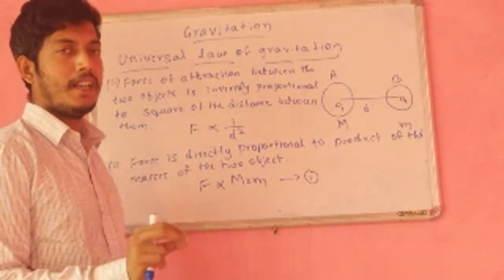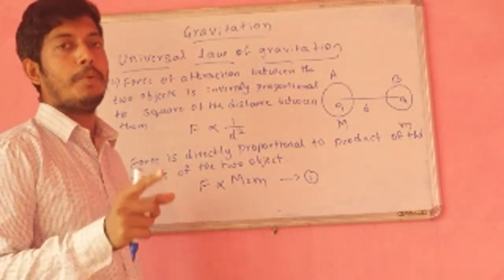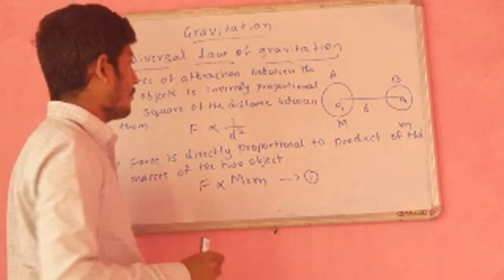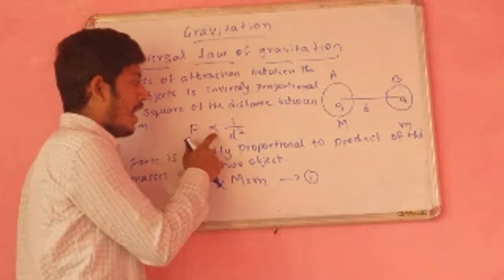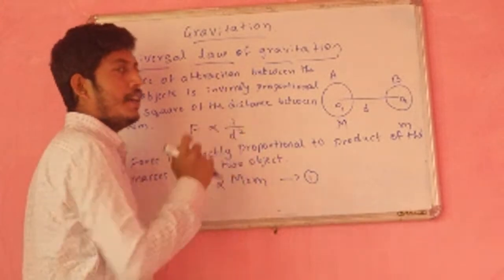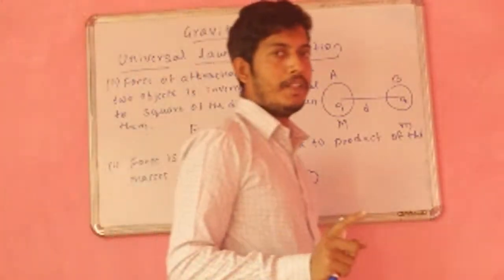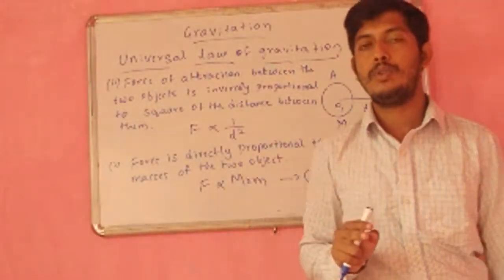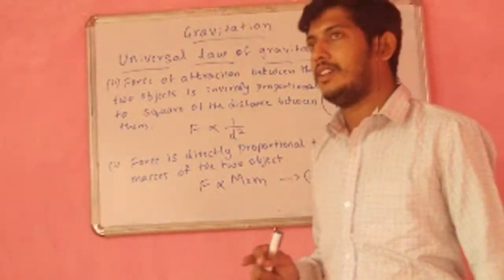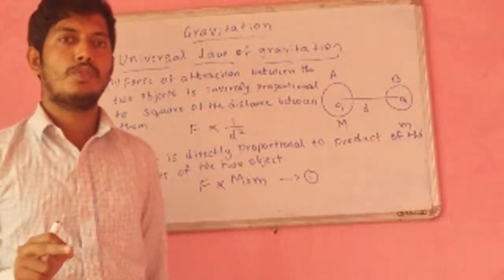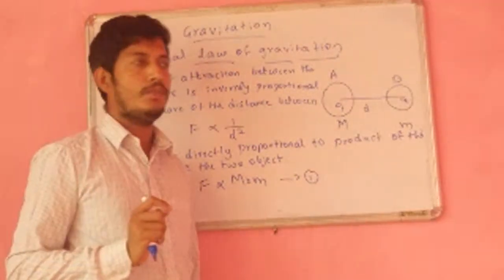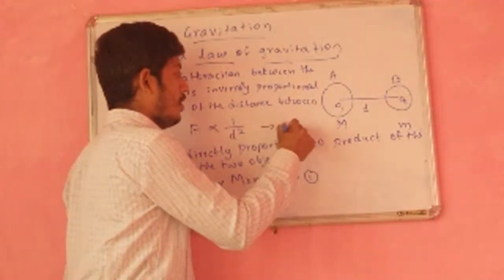Second: force is directly proportional to 1 by d square. These are the two methods to read statement 2.